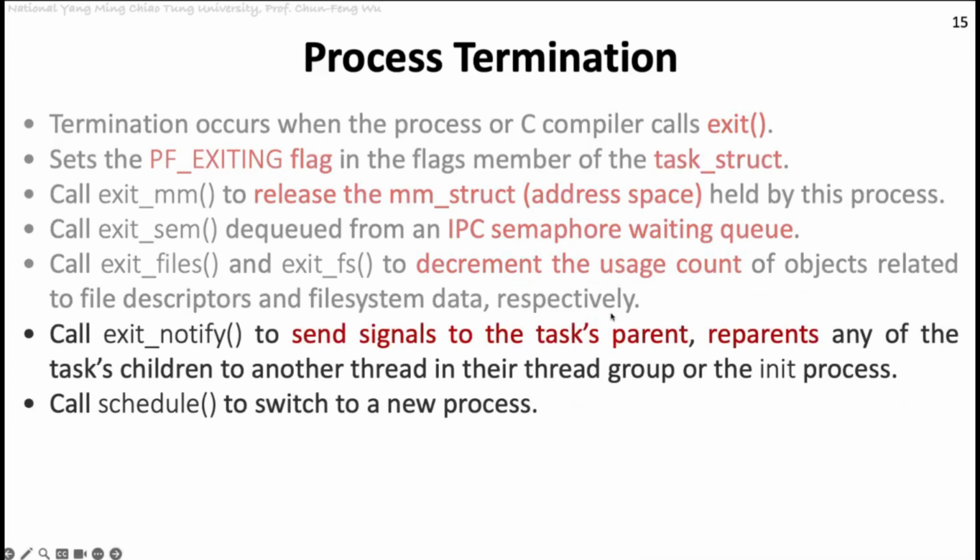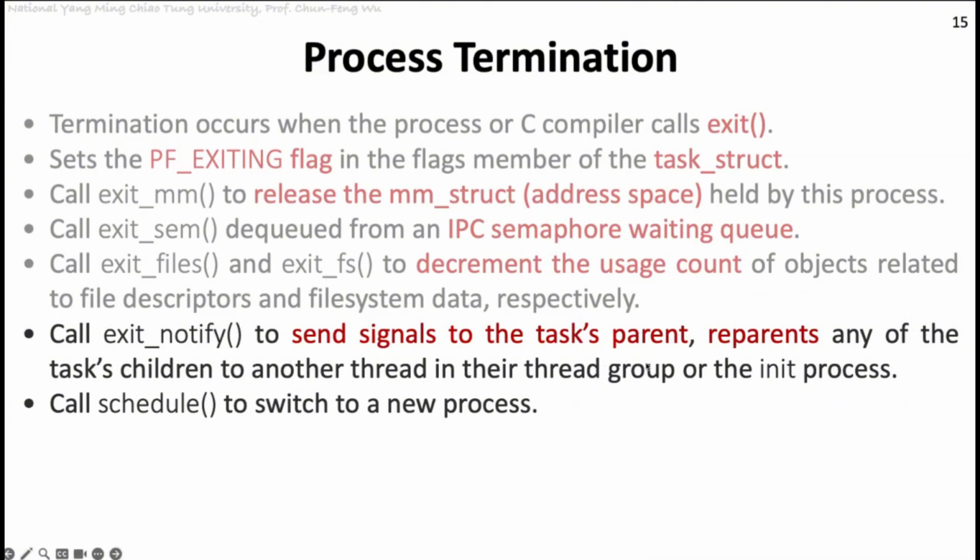The next thing is it calls exit notify to send a signal to the task's parent, and to reparent any of the task's children to another thread in their thread group or the initial process. If the process is going to terminate and there are still several children, Linux will do the reparenting. We get an elder process and reparent to it.